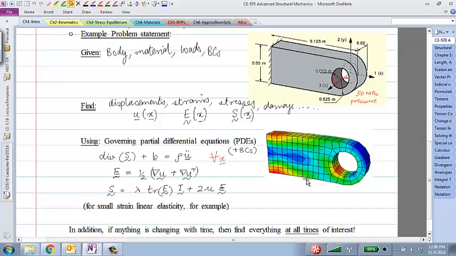If you make the model properly, and if you choose the right parameters, it is possible to get the best possible solution to this exact problem. One way to do that is you see these divisions in this body, right? These are, as some of you might know, finite elements.